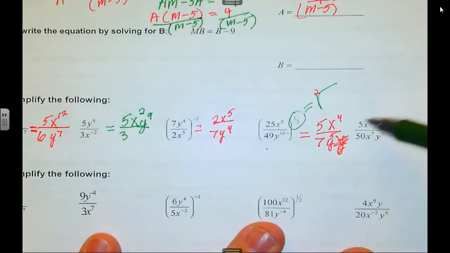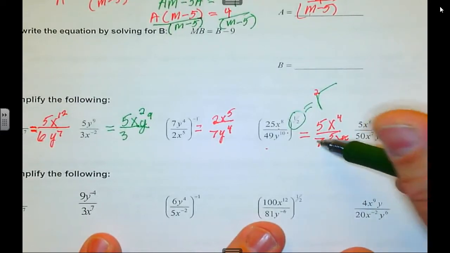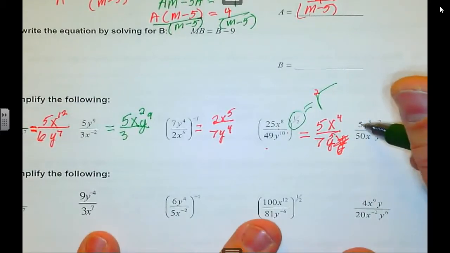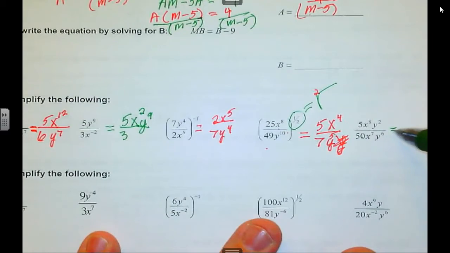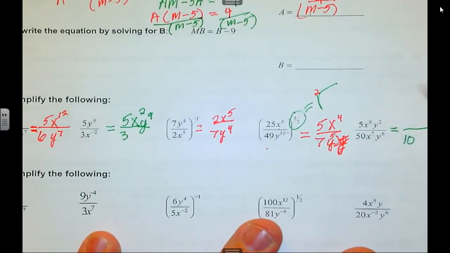And the last one, 7y to the 5th. 5/50 is just 1/10. X to the 8 minus 7 is x to the 1st. Y to the 2 minus 6 is y to the negative 4, so I'm going to put it up here and make it positive.